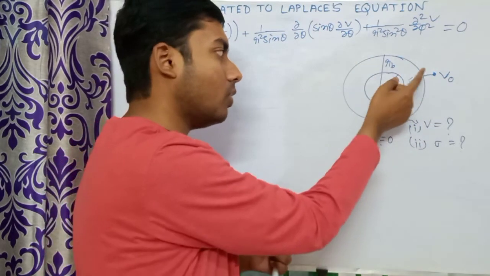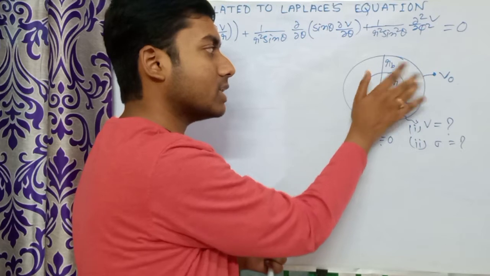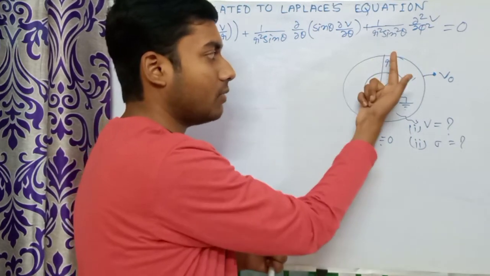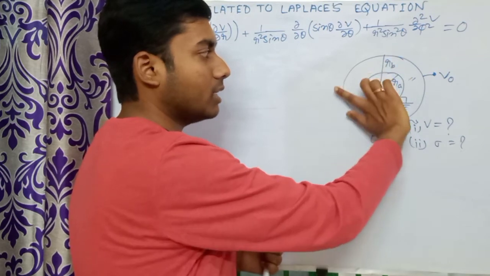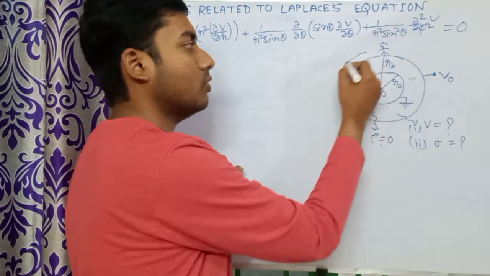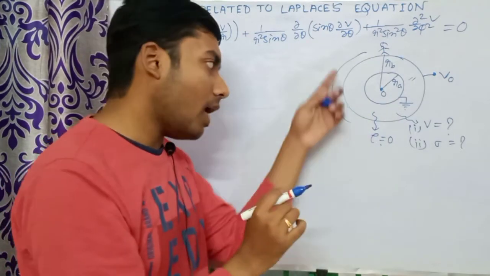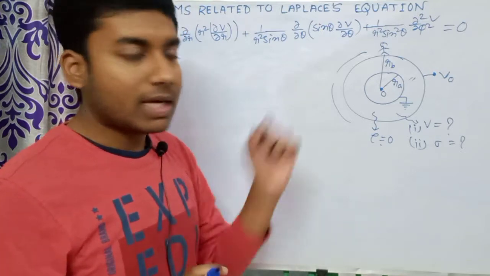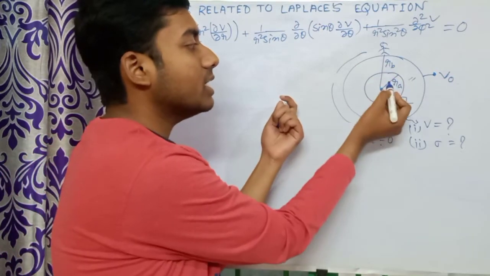Rb is fixed, the outer radius is fixed, and I am just rotating along this path. On the whole path the potential V is the same, so the potential is not changing with the change of theta.